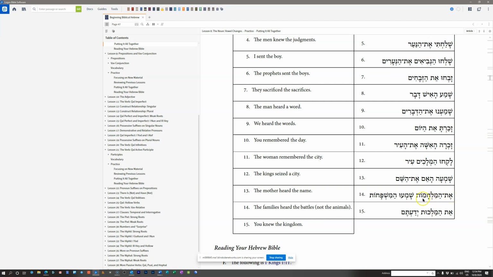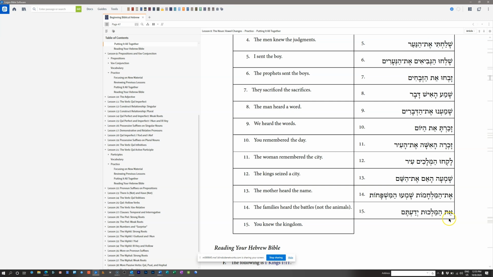Et hamilchamot would be the battles. So the battles the families heard. So the families heard the battles, emphasizing the battles is what they heard rather than something else, like animals, as an example. So the family heard the battles rather than something else.